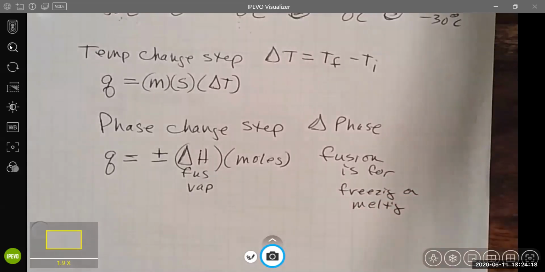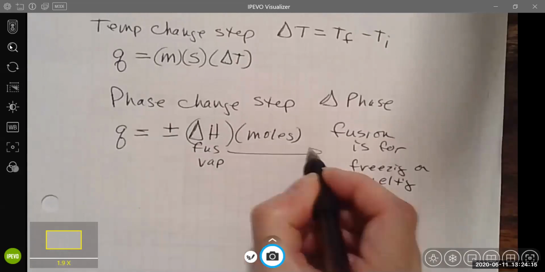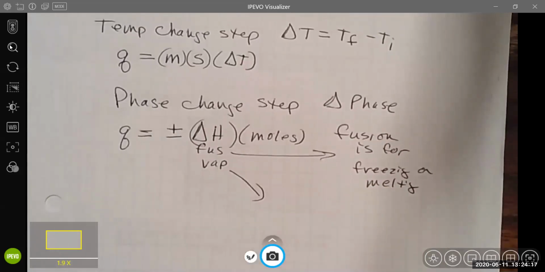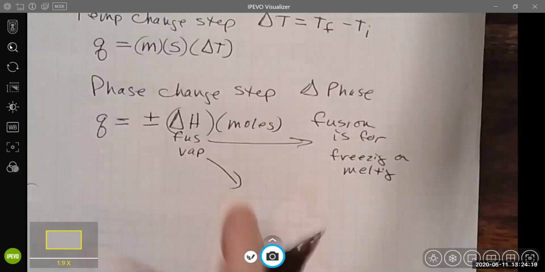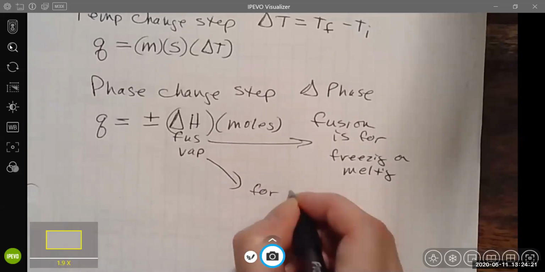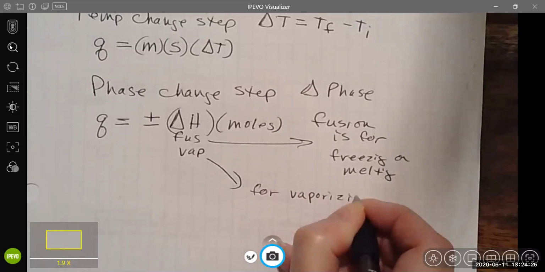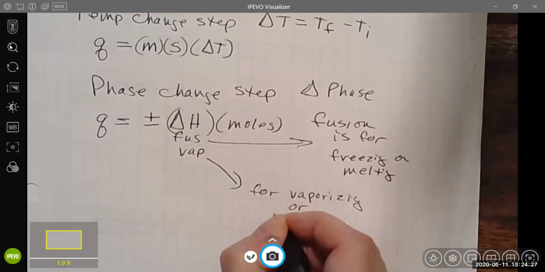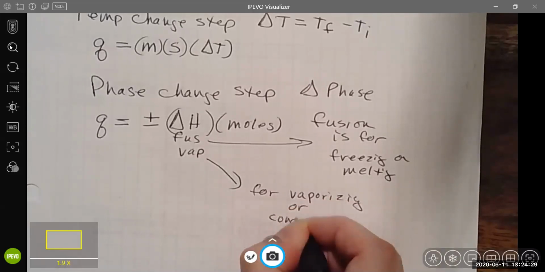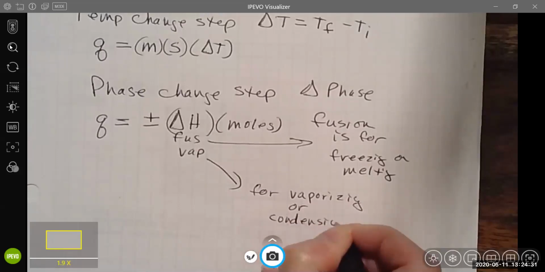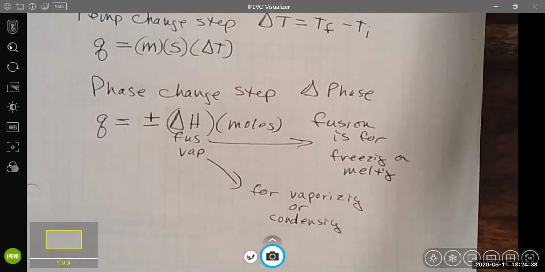And the vaporization, that's this one. The delta H of vaporization would be for vaporizing or condensing. Same number depending on which direction you're going. Okay, so we're going to keep that in mind.